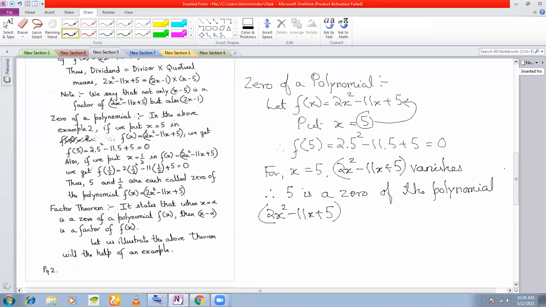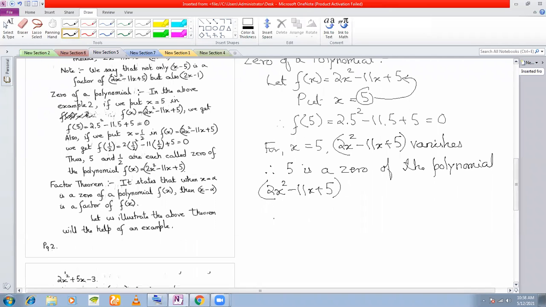Let us say I try with 1/3. Put x is equal to 1/3. So what do you get? f(1/3) is equal to 2 into (1/3) square minus 11 into 1/3 plus 5. You will see that this does not come to be 0.